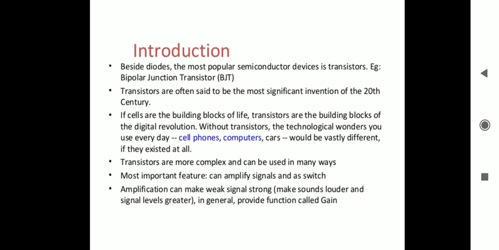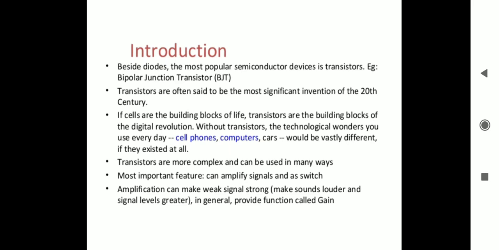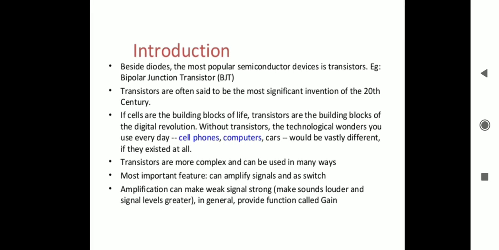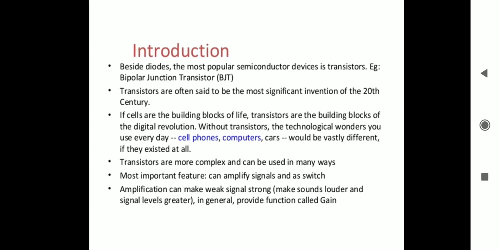So this is the important point: before the invention of the transistor, vacuum tubes were being used for amplification applications. So the main purpose of using the transistor is the amplification process.